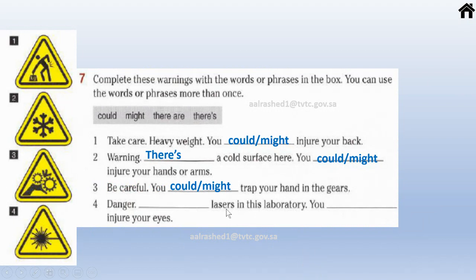So we have a plural. There are هنالك. This laboratory, you injure. إصابة. So we don't know. ممكن تجيك إصابة ممكن لا.